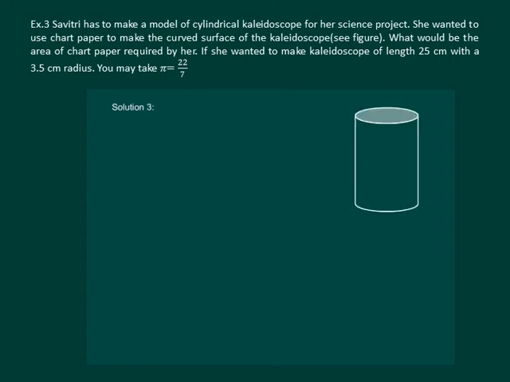It is given that the length of the kaleidoscope should be 25 centimeters. That means the height of the kaleidoscope will be 25 centimeters and the radius is given as 3.5 centimeters. We know that the area of the chart paper required will be equal to the curved surface area of the kaleidoscope, whose formula is 2 pi r h.